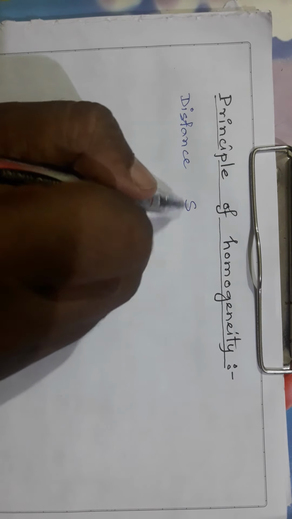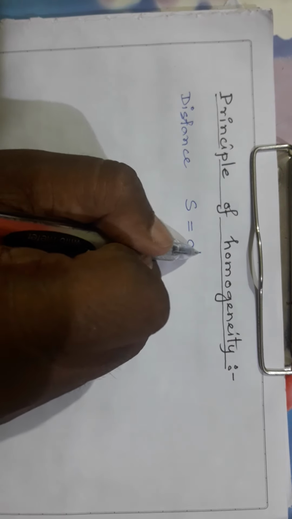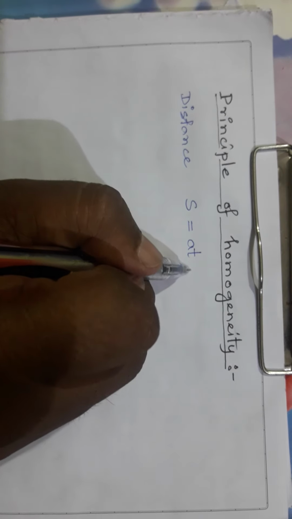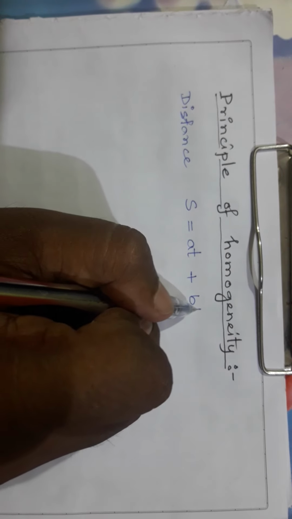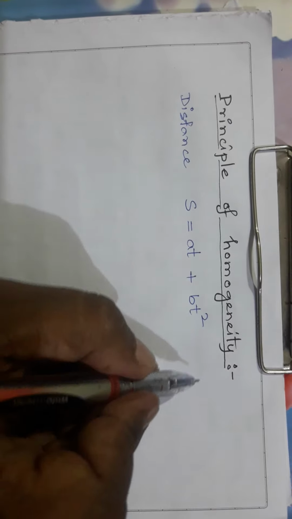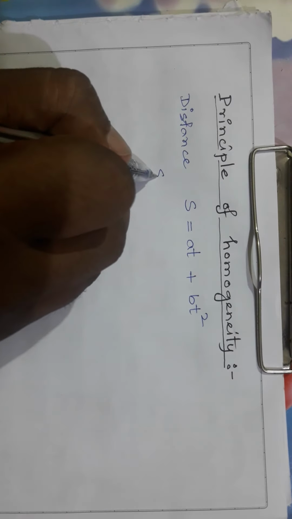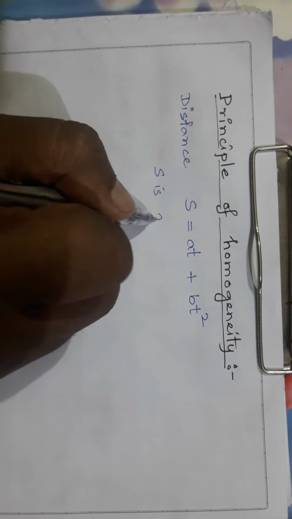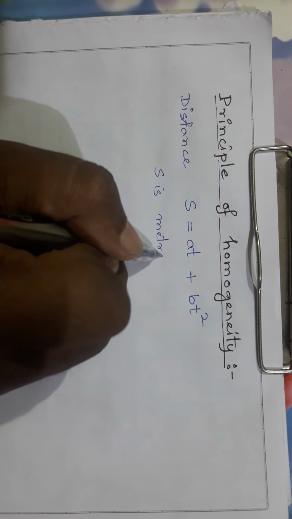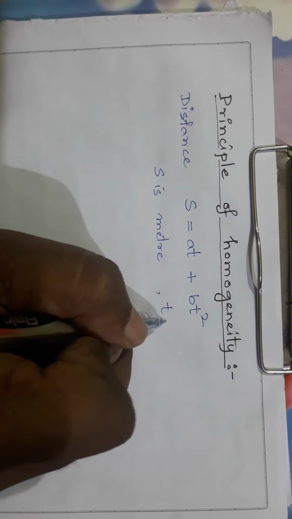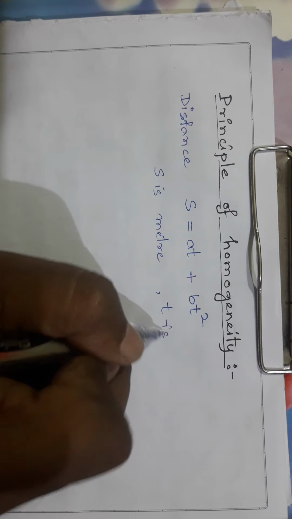The distance traveled by a particle along x direction is given by s equals at plus bt squared, where s is in meter and t is in second.